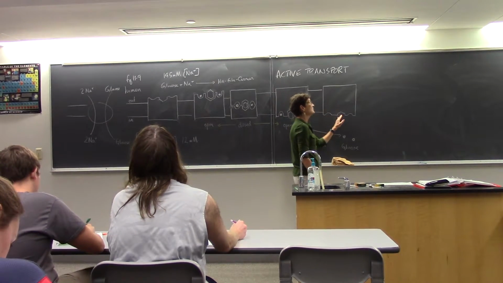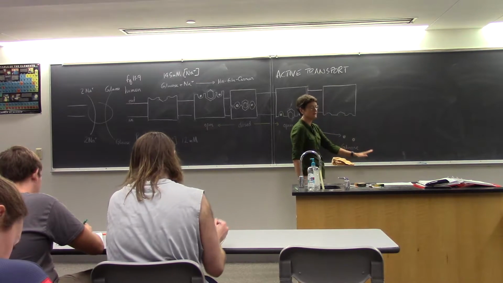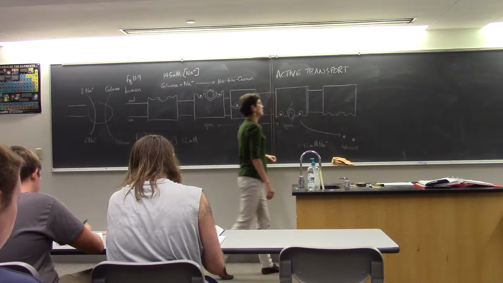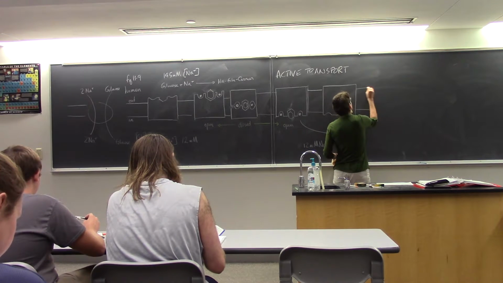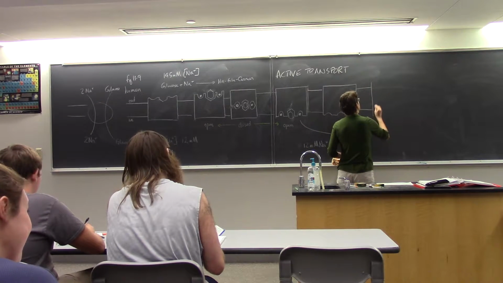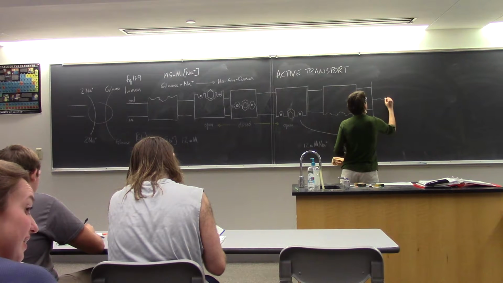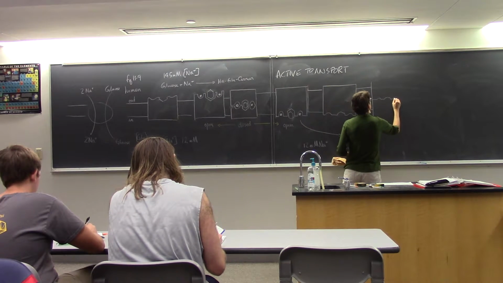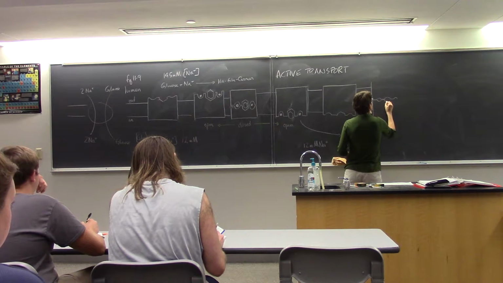Dissociate the sodium, we lose the affinity for glucose, so everything kind of comes apart. Then we can create another closed state.